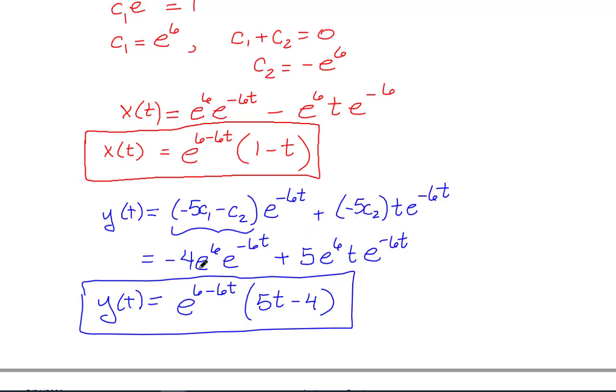After some cleaning up, I get a similar e to the 6 minus 6t, and I get a 5 minus 5t, giving us our two solutions for this system. So it may take you a while when you work this problem. There are a lot of small details.